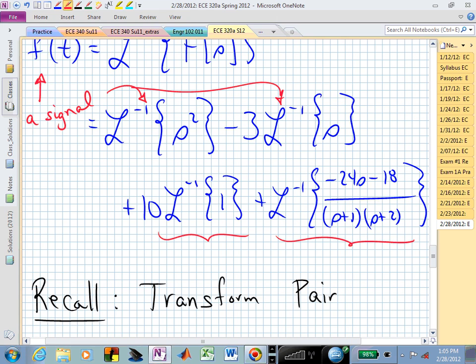So now the question was, how specific or detailed do I want to factor my argument, I think, is the question. In this case, I just have s by itself. I factored out the coefficient of -3. I could have said I want to have the inverse Laplace of -3s. That's okay.